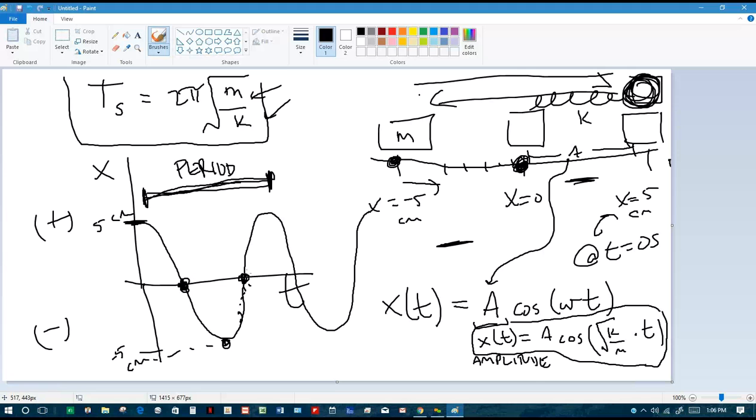Also recall that the slope of a position versus time graph is velocity, right? So the slope of this graph gets sharper and sharper as you get towards the central point. And so velocity is maximum at that point because the slope is greatest at that point. That's right when it's at the center. That's when it's moving at a really fast speed.